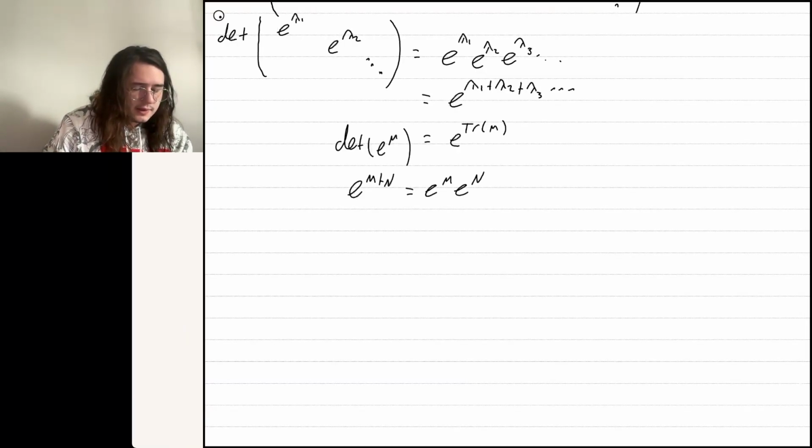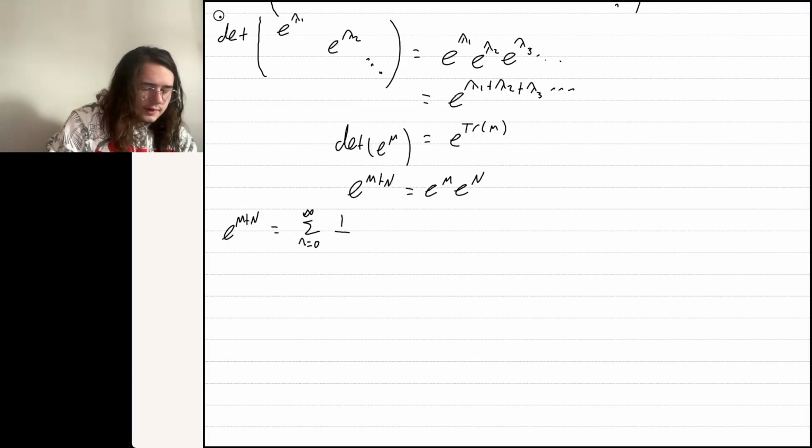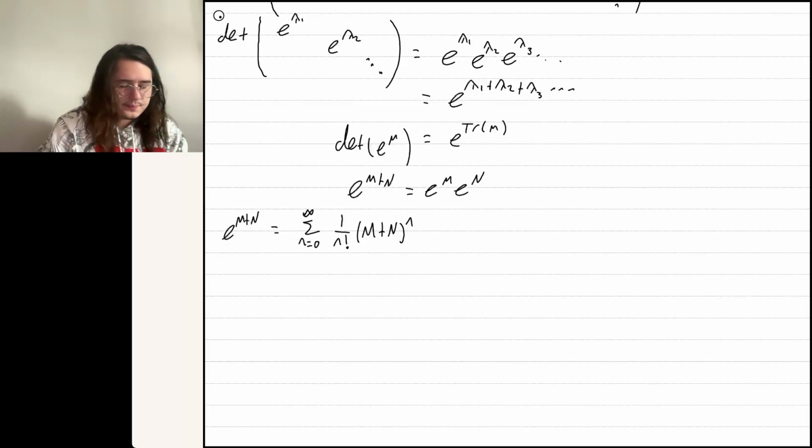But basically, if you expand e to the M plus N as a Taylor expansion, you see that it's an infinite sum, right? And I'm just going to write the series representation of the sum now instead of writing all of the bits. It's 1 over n factorial times M plus N to the n.